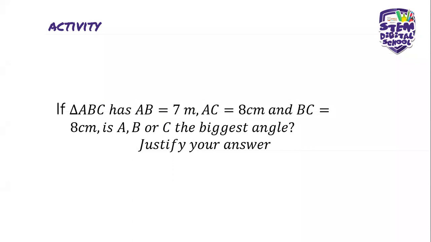So now the question that I want to ask is, is angle A, angle B or angle C the biggest? Justify your answer. That is what I want to know. Which angle is the biggest between the 3? And justify your answer. I think that is the starting point for today.